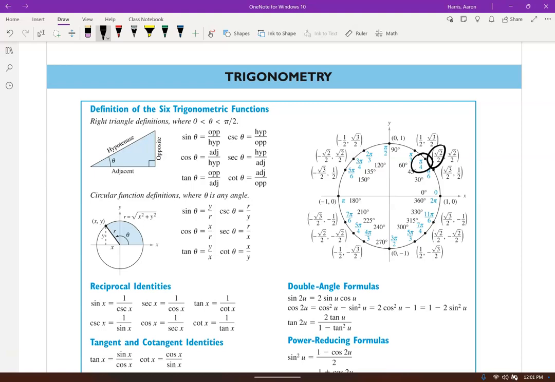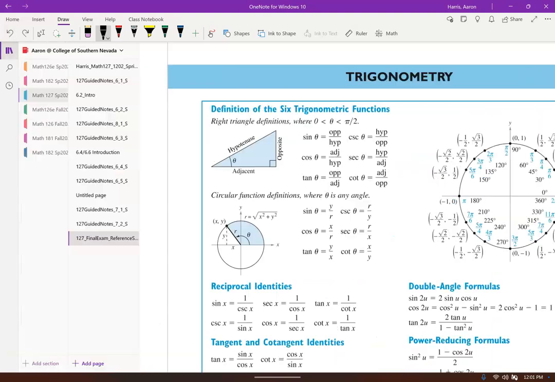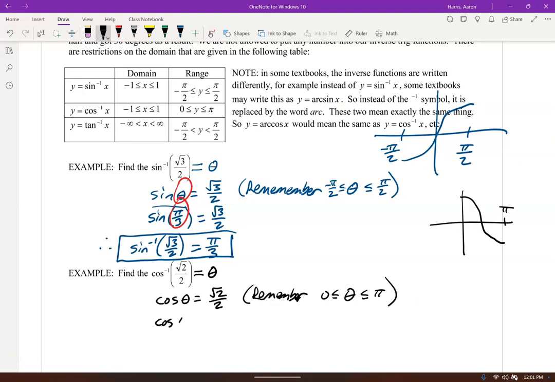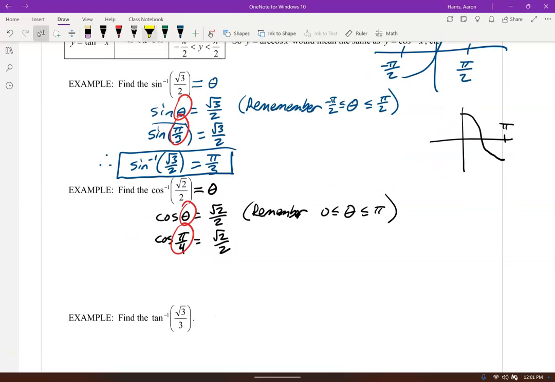Cosine of pi fourths is root 2 over 2. So theta is pi fourths. Therefore, the arc cosine of root 2 over 2 is pi fourths.